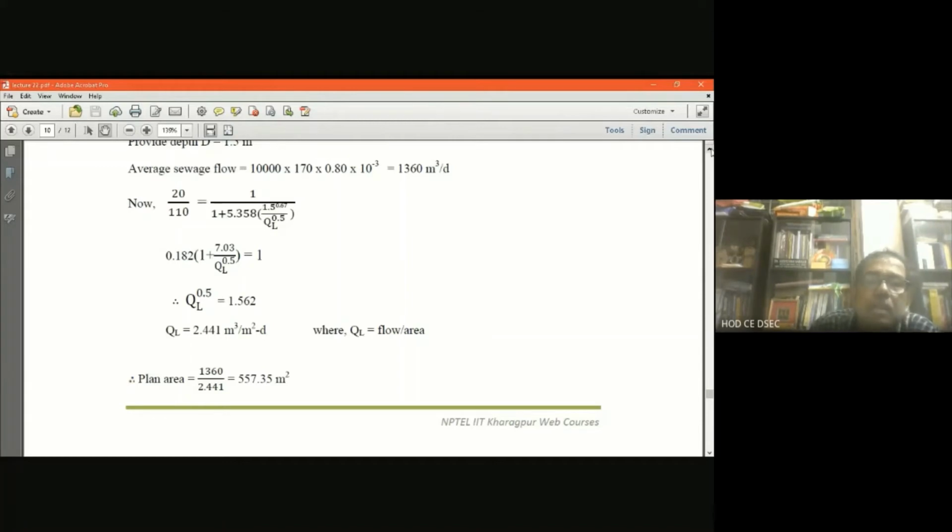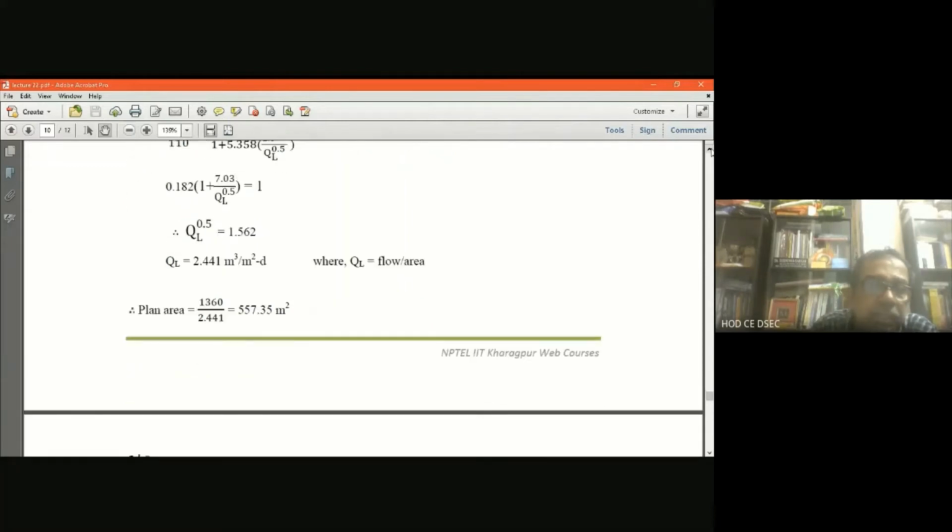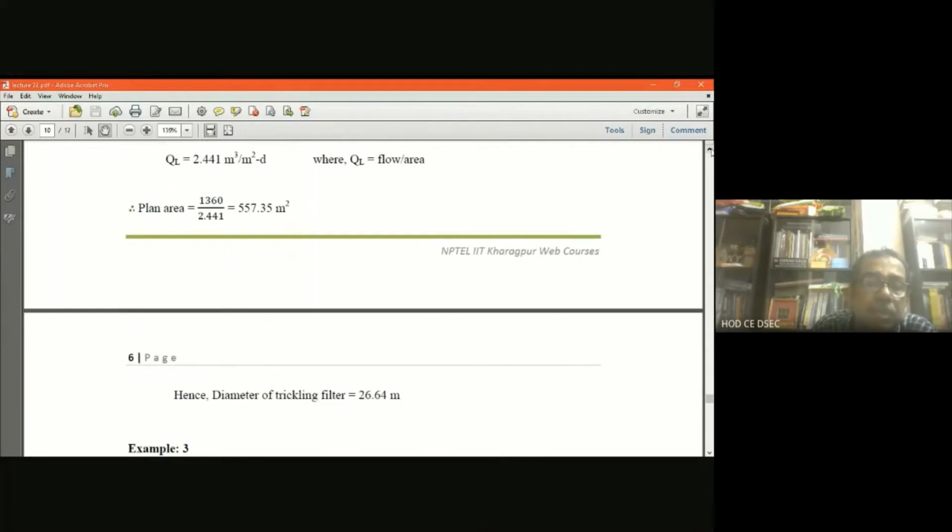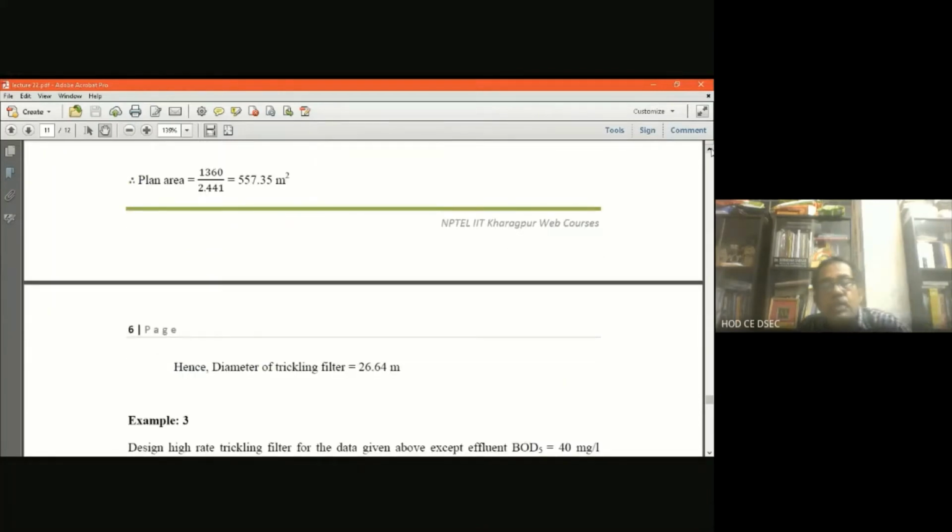Simply 1360 divided by 2.441 will give you the area of the trickling filter, which is 557.35. So as we know, pi d square by 4 is 557.35. So automatically the D, that is the diameter of the filter, will come out as 26.64 meter. So that design we have done, we have found out the diameter of the tank, that is 26.64 meter.